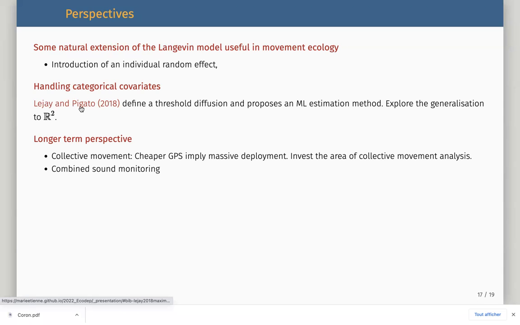And there is also new data coming up: with the GPS, we have accelerometry on many of them, but there is also now some sound monitoring. And so you can have indirect information on what the animals are reacting to, which could be very interesting because you can have information on what happened at long distance.